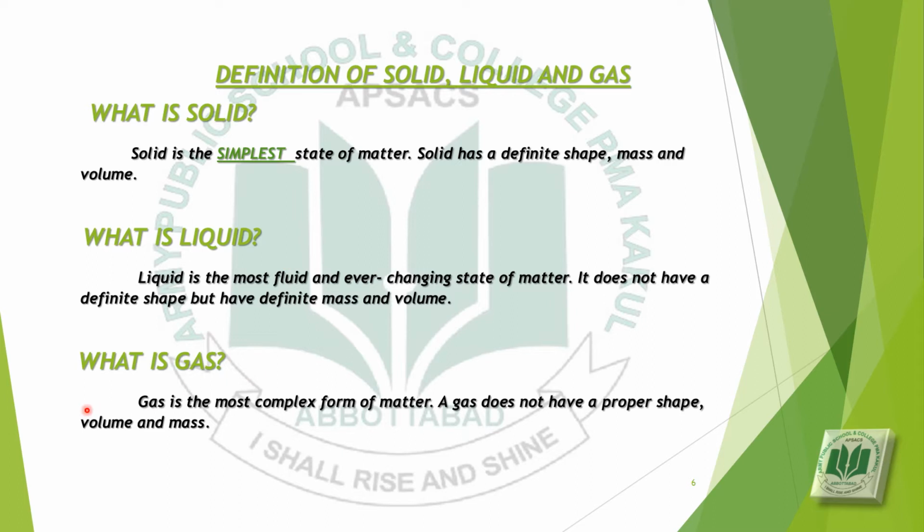So now what is gas? Gas is the most complex form of any matter. A gas does not have a proper shape, volume, and mass. So any gas doesn't have any definite shape, definite volume, and mass.